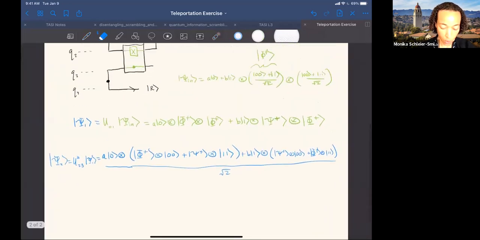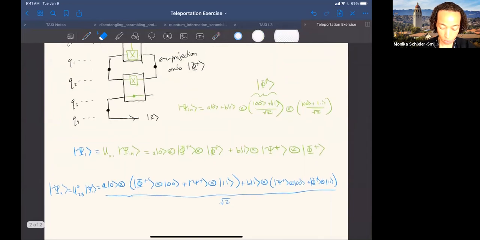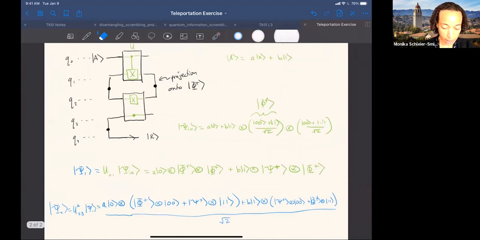So essentially what we're going to have is two possibilities. A is in the 0 state, and then we're either going to have these last two qubits being in 0, 0 and the middle ones being in the state they started in, which is phi plus, or the last two qubits are in 1, 1 and the middle ones are in an orthogonal state.